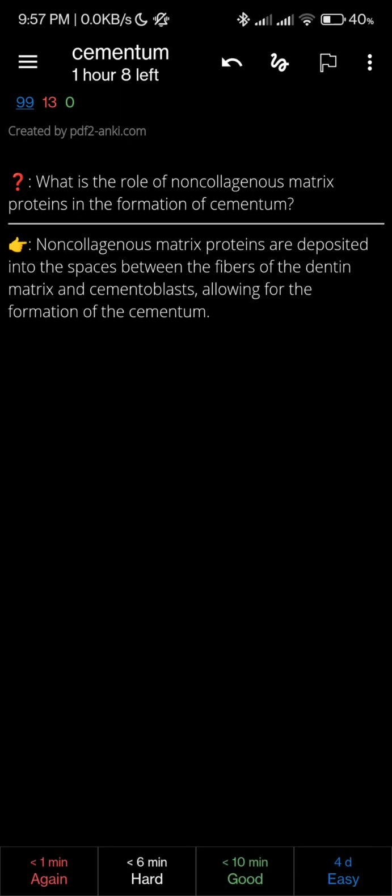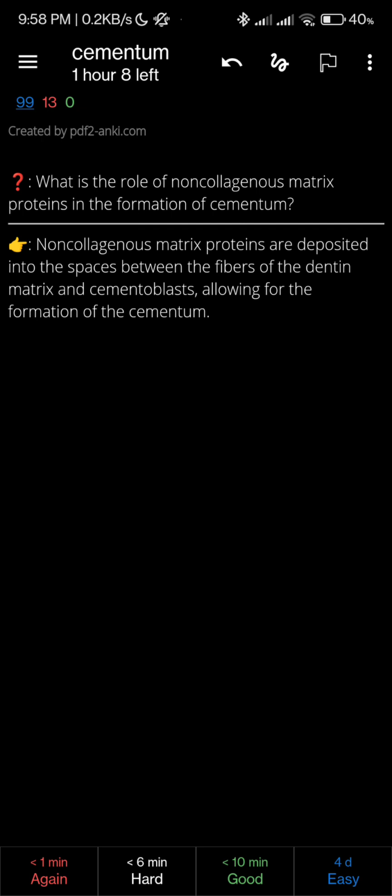What is the role of non-collagenous matrix proteins in the formation of cementum? They have a role in the initiation, maintenance and regulation of mineralization.